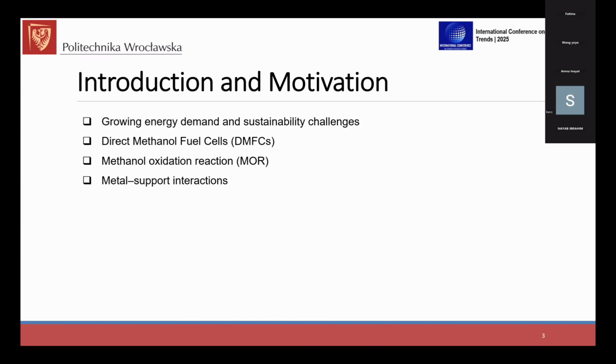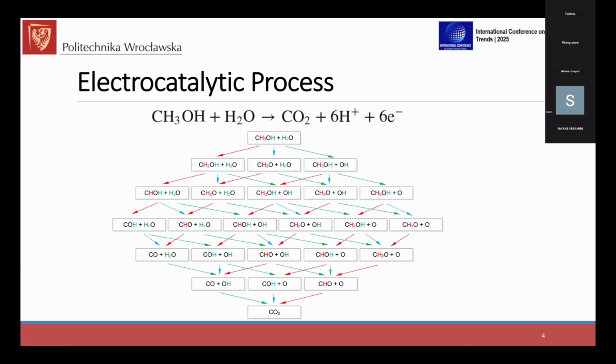Their performance mainly depends on the methanol oxidation reaction, which is the main part of the direct methanol fuel cell. In this process, the metal support interactions are very important because the support can change how the metal catalysts behave and affect how the reaction steps occur and how efficiently the catalyst will work. So we will discuss in detail.